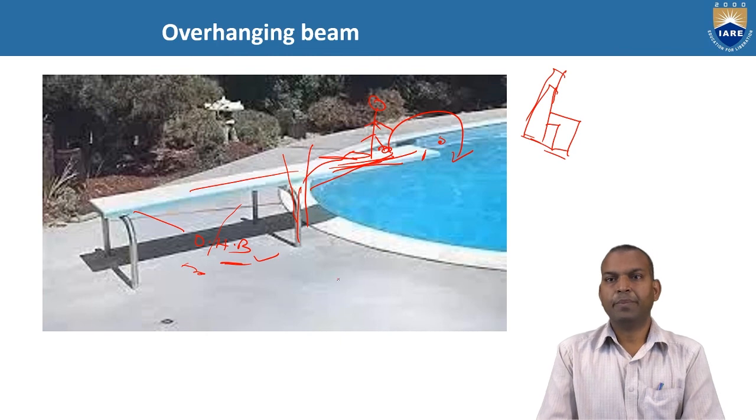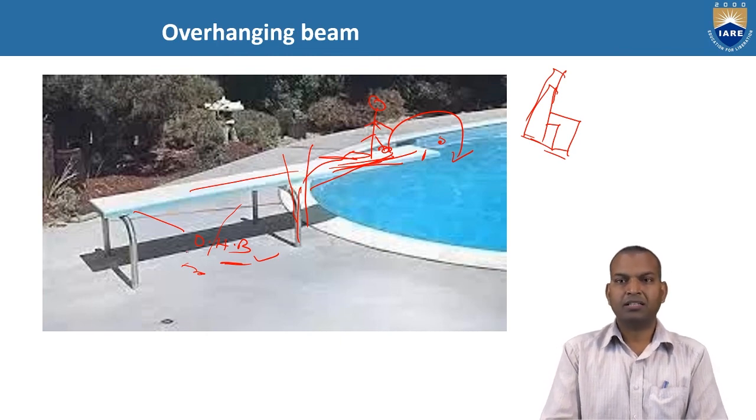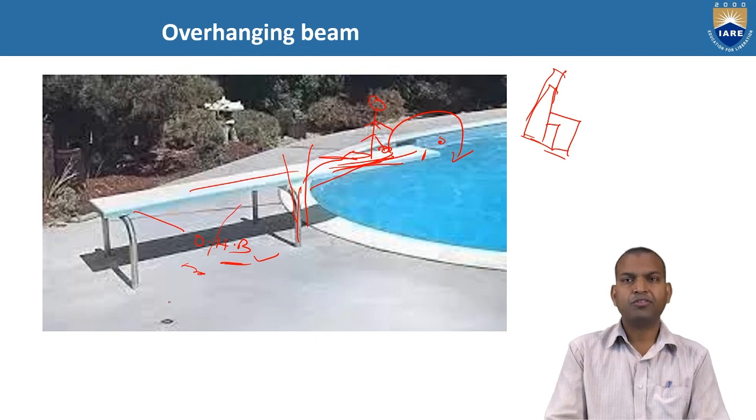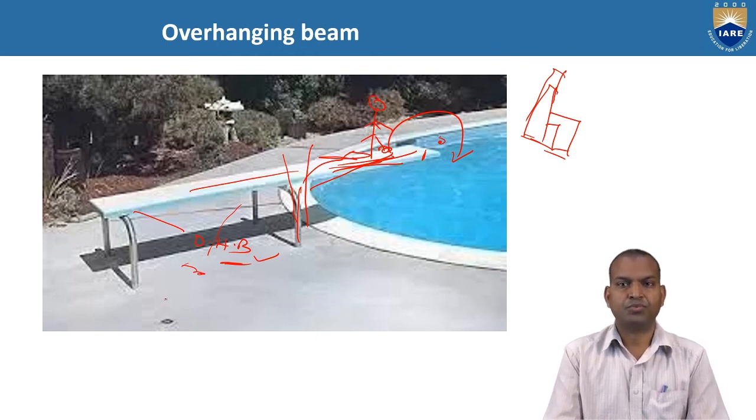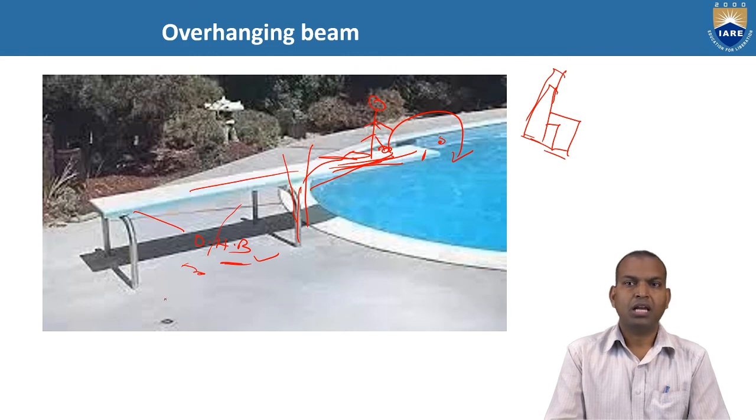If the person is sleeping on a bed, what type of load is acting on the bed? Why do we have to calculate? What is the importance of shear force and bending moment diagrams? In order to design an optimized structure or optimized body, we need these shear force and bending moment calculations.